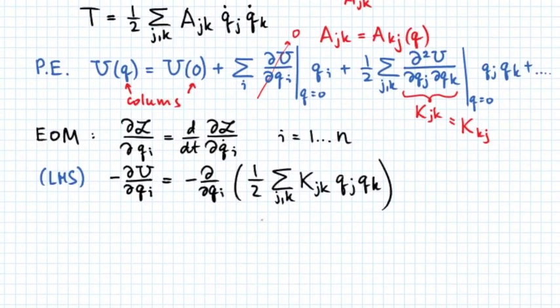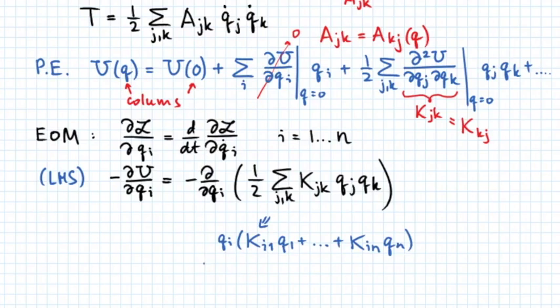Well, we note that this sum is given by q sub i times coefficient k sub i1 times q1 plus all the way to k i n times q sub n.